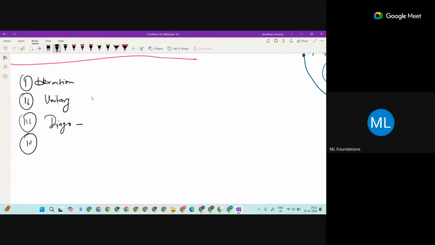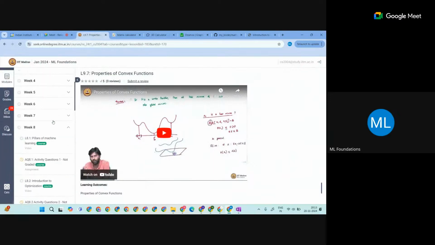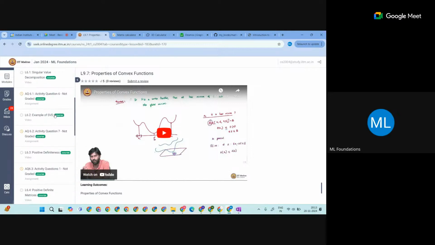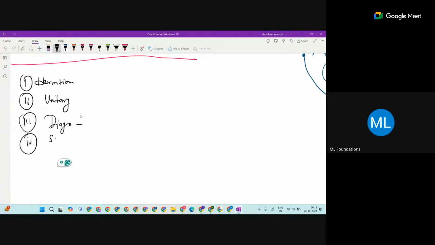And next is SVD, singular value decomposition, and positive definiteness.